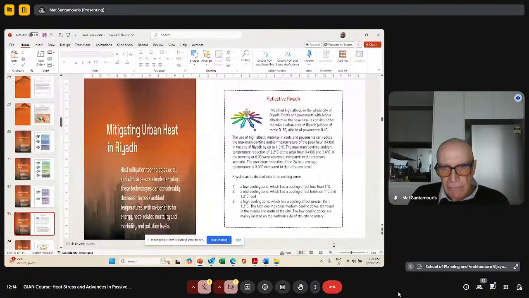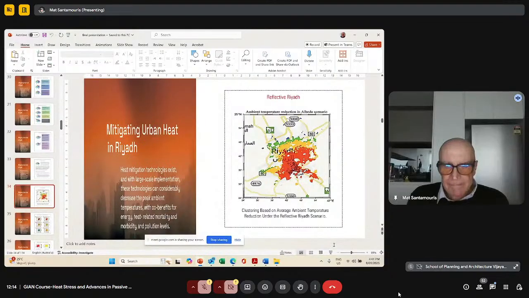You have to consider that the use of conventional materials with reflection close to 75-80% may decrease the temperature of the city by 1 to 1.5 degrees. This graph shows the distribution of the average temperature reduction at the city scale when conventional reflecting materials are used.